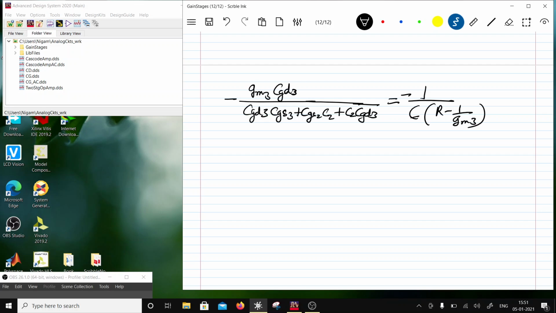I'll just first cancel out the terms. R would be equal to, so this term, let's cross multiply this.